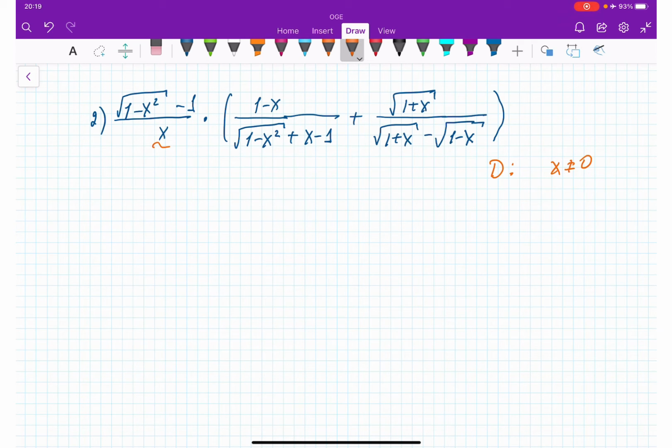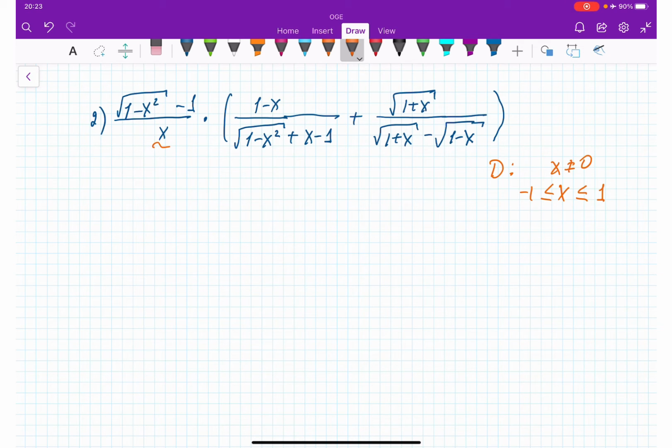For the second, since we have square root of 1 minus x squared, I have to put the condition that x has to be greater than or equal to -1 and less than or equal to 1. Why do we put the requirement that x has to be within -1 and +1?